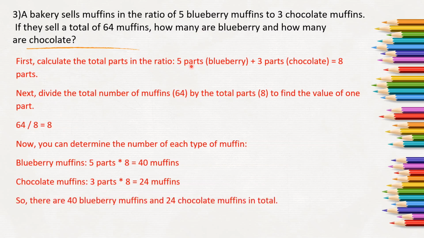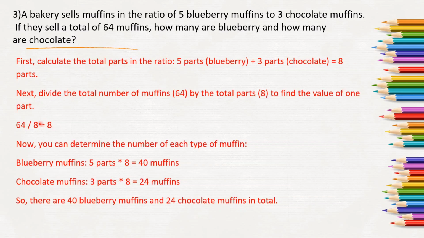The ratio is given. So we were supposed to find out the blueberry muffins and chocolate muffins. Total it was 64. Now if you add 40 plus 24, it will be 64. First you have to find out how many parts were there by adding 5 plus 3. Then we got to know 8 parts. 64 divided by 8 parts will be 8 itself.